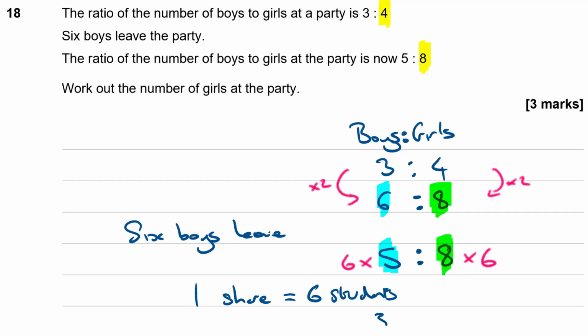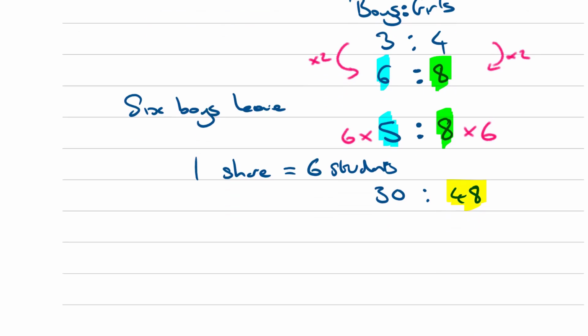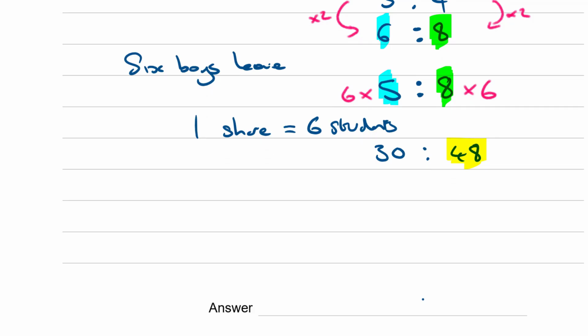So 6 times 5, there should be 30 boys, and 8 times 6 should be 48 girls. So we need to work out the number of girls at the party, which is this number here, 48. Girls at the party, 48.